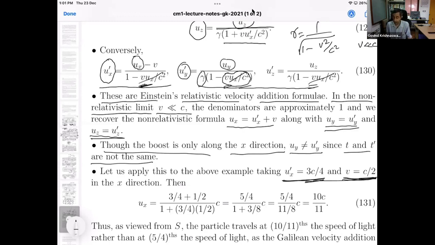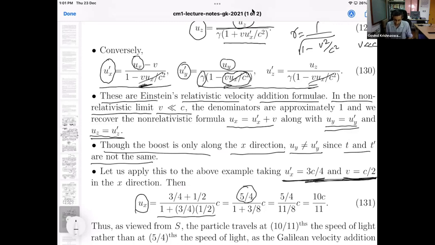So if you simply add these two, you get 5c upon 4, which is too much. But if you use this new Einstein velocity addition formula, ux would be given by the sum of these two, 3/4 plus 1/2 divided by 1 plus the product. Okay, so if you put the numbers in, numerator remains 5/4.